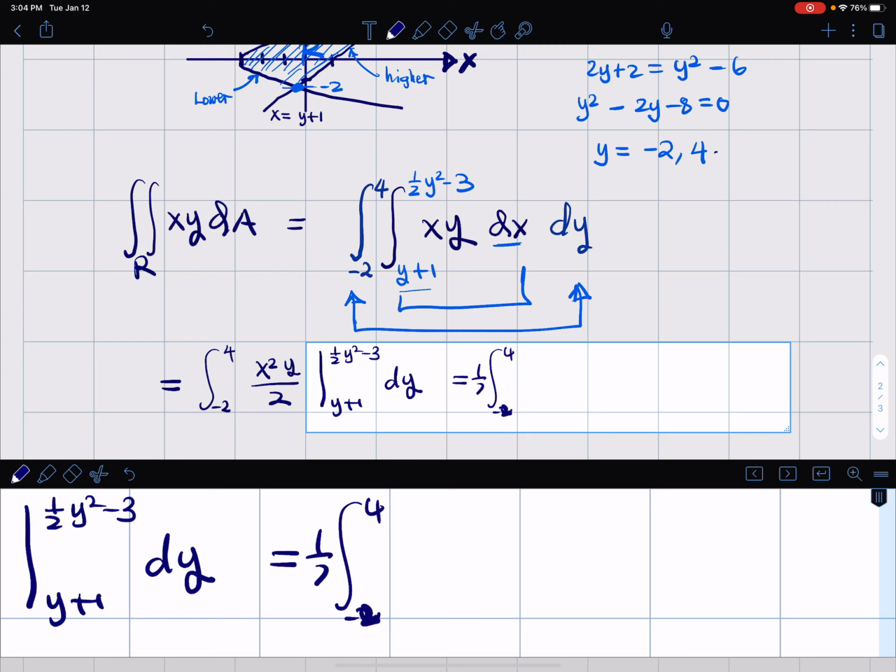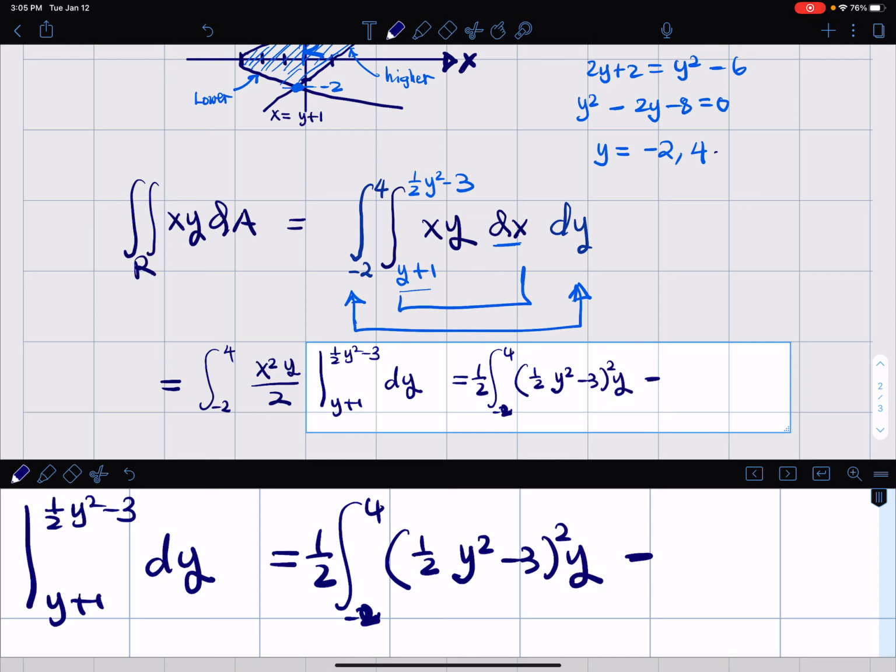You can factor out a 1/2, but you're now plugging in y. For x, you're plugging in 1/2 y squared minus 3, squared, times y, minus you're now plugging in y plus 1, squared, times y.